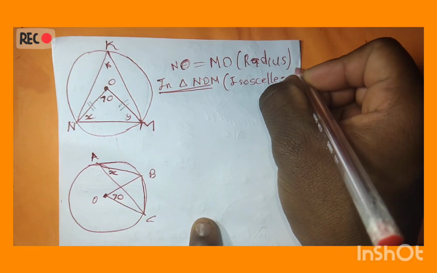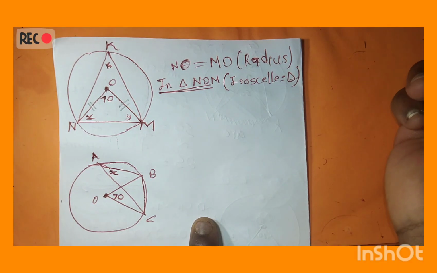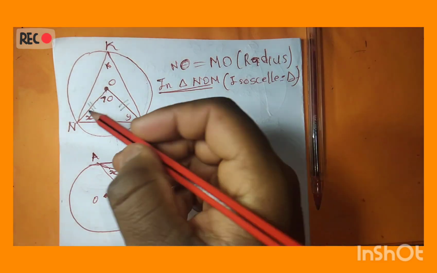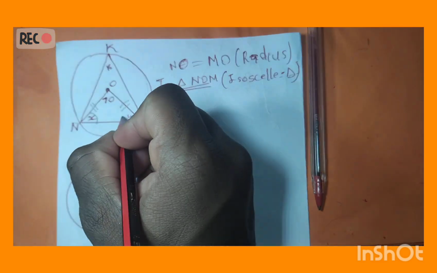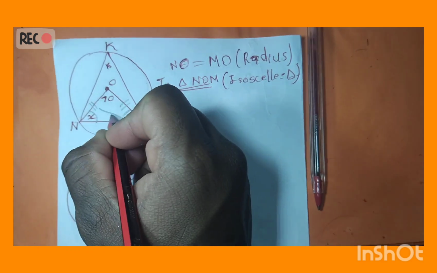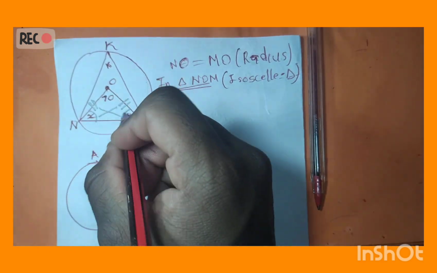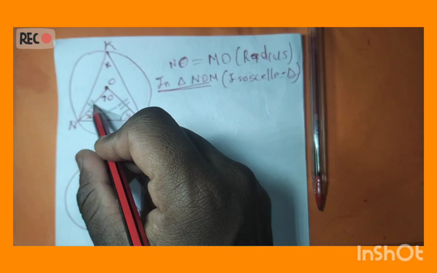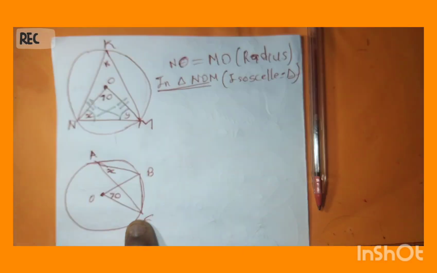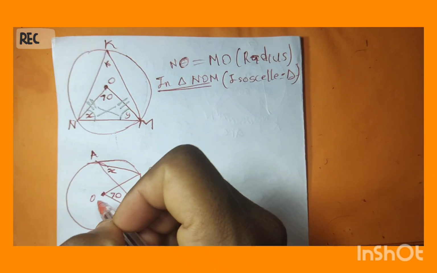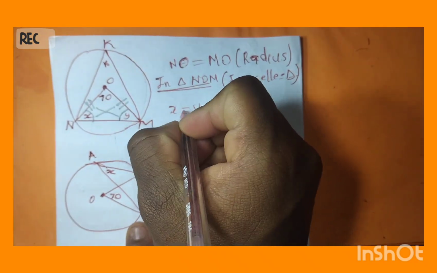The properties of an isosceles triangle tell you that these two angles, this angle and that angle, are equal because they are opposite equal sides. If you have two equal sides like this, the angles opposite those equal sides should be equal, meaning x is equal to y there.